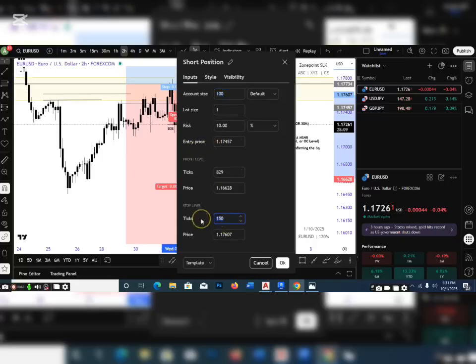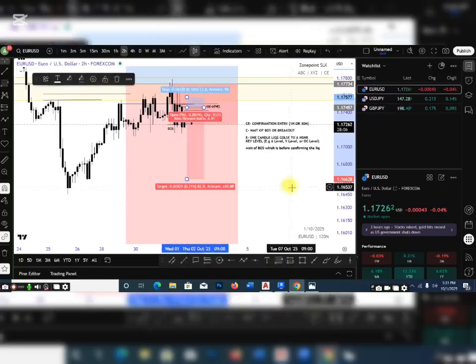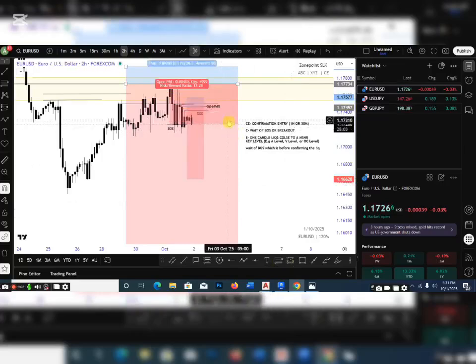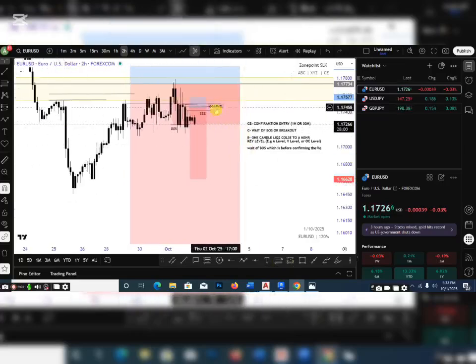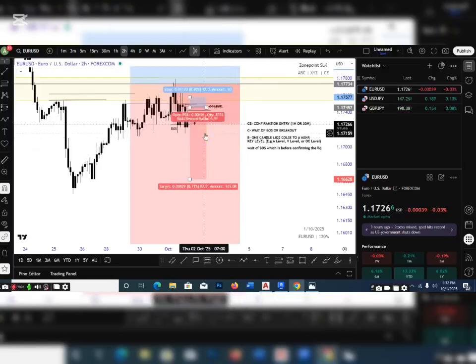I'll be risking 12 pips. So if I'm risking like $120, I'll be making like 120 times 6. I just want to do a rough calculation so that you guys can see it. Hold on guys. 120 times 6.